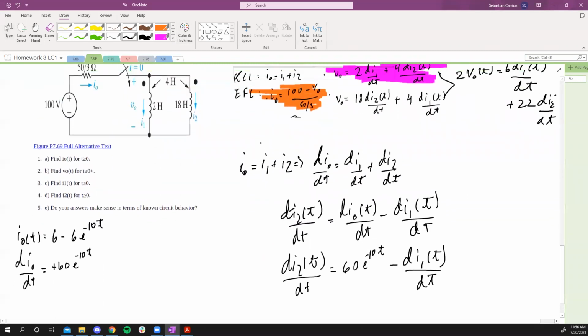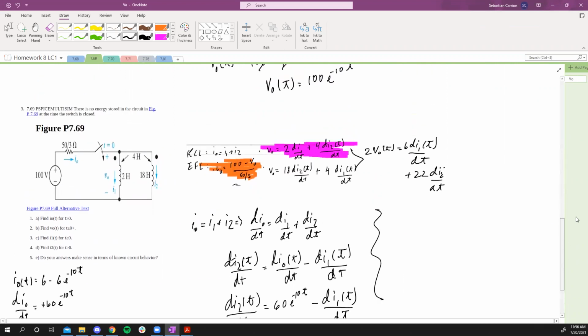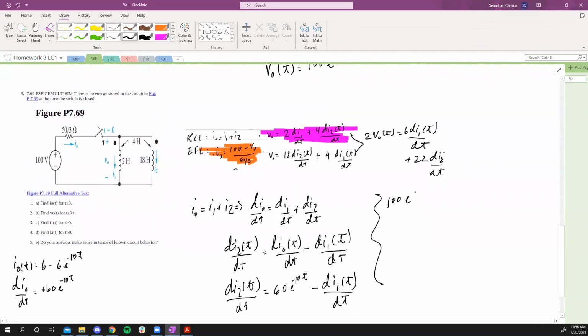So our next step would be V naught, which is 100 e to the negative 10t, equals 2 di1/dt plus 4 times (60 e to the negative 10t minus di1/dt). So then this is all math.